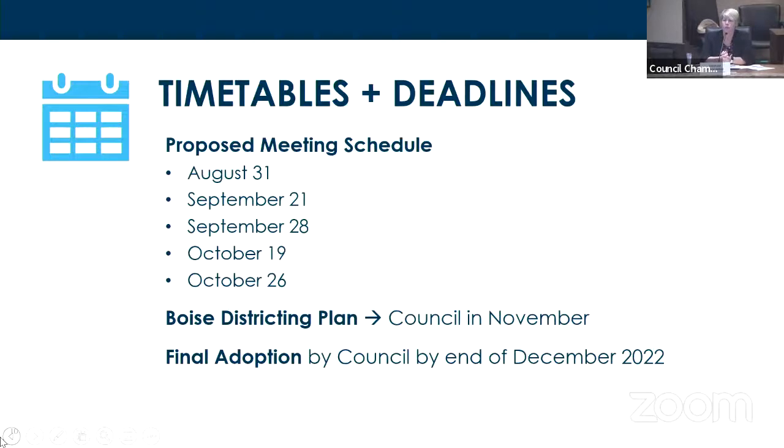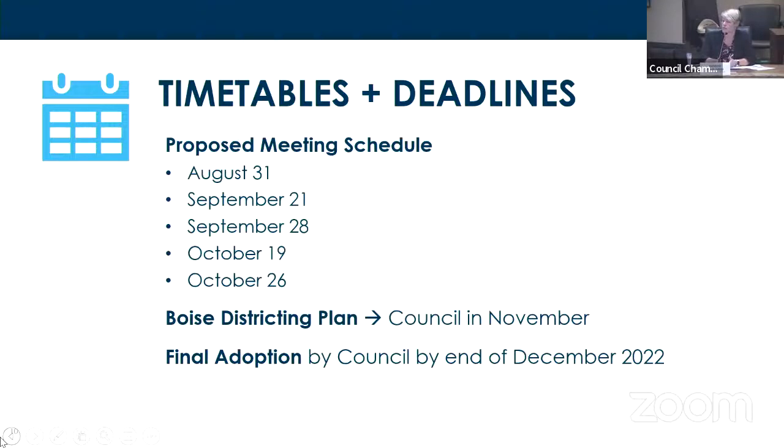The public will have a couple of weeks to get into the software, develop and submit their map proposals. And then you'll have a little bit of time between when the software is closed to the public to review those before the 19th meeting. That is the meeting we propose to have public testimony accepted on any drafts that you all as a commission have put forward and that the public has put forward.